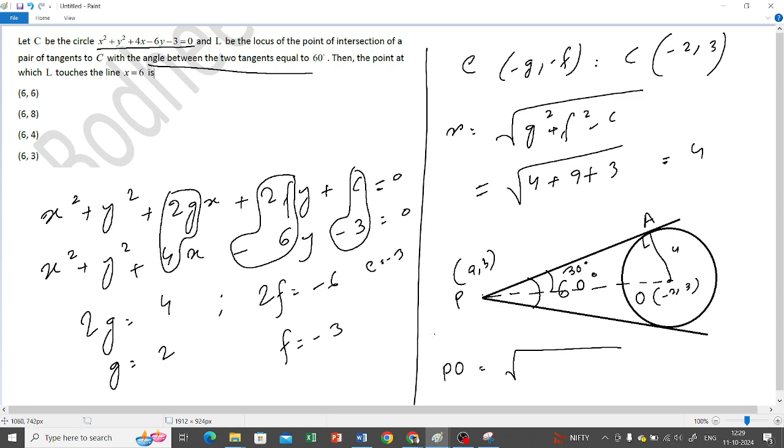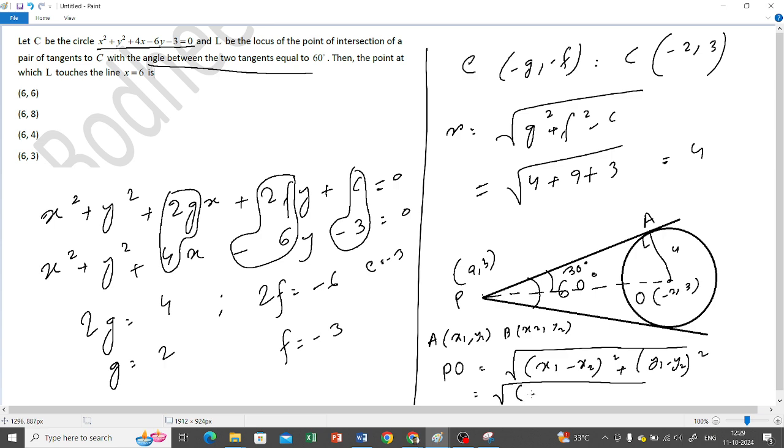If there are two points x1, y1 and x2, y2, then the distance is the square root of (x2 minus x1) whole square plus (y2 minus y1) whole square. So that is what we are going to apply over here: (A plus 2) whole square plus (B minus 3) whole square, right?